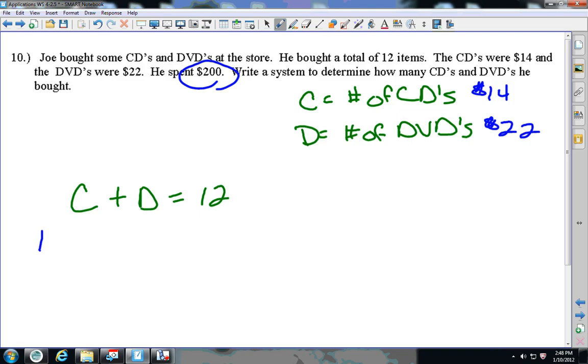So I'm going to take 14 times the number of CDs plus 22 times the number of DVDs, and that equals 200. There's my system of equations. In a later video, I will go through all these systems and we will solve them to find out how many CDs and DVDs, but right now I want to just practice on actually setting up the equations.